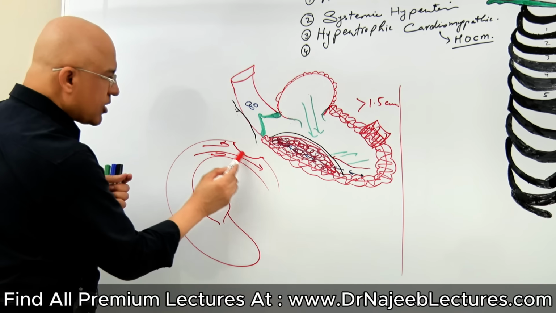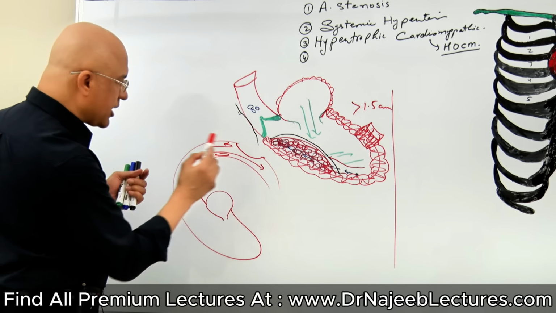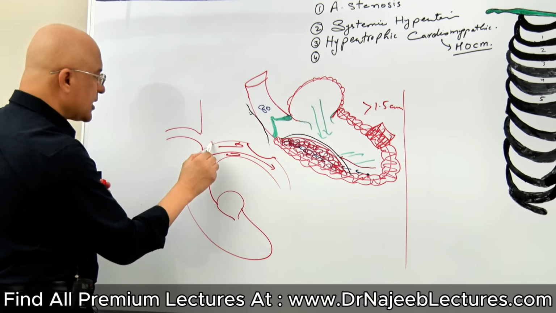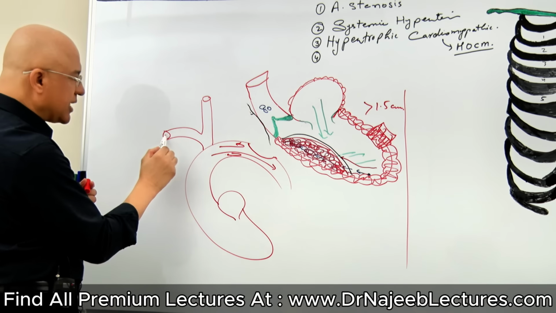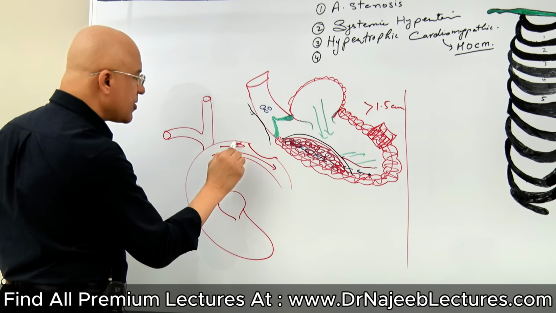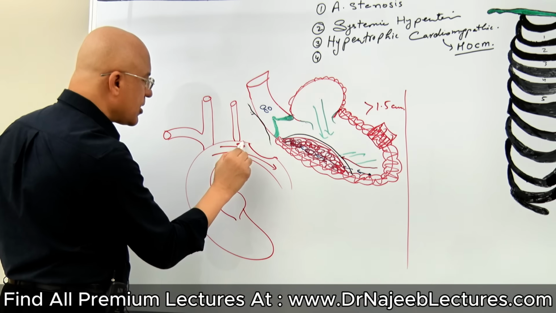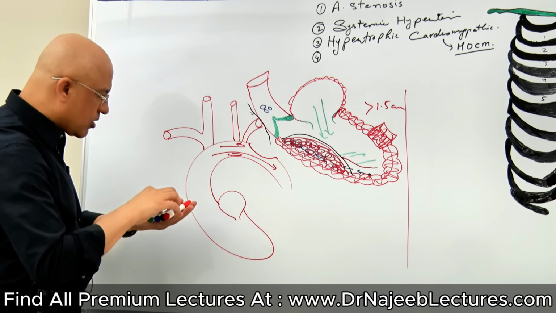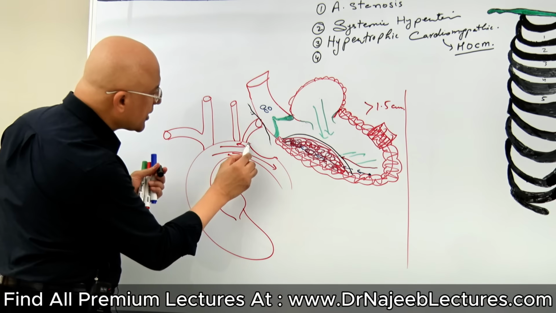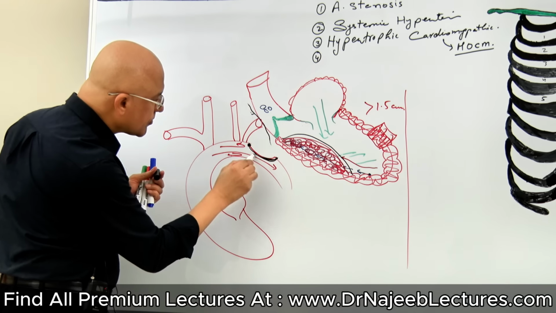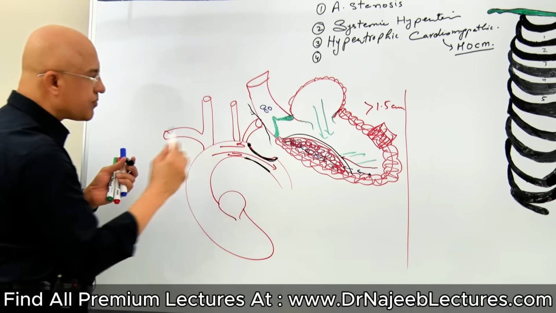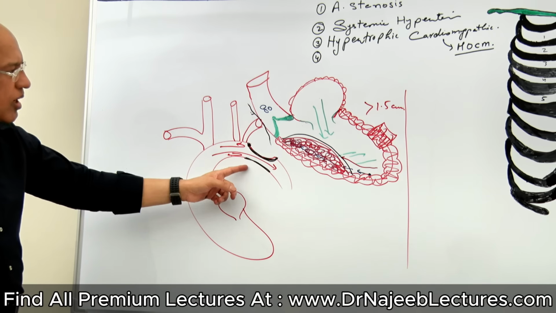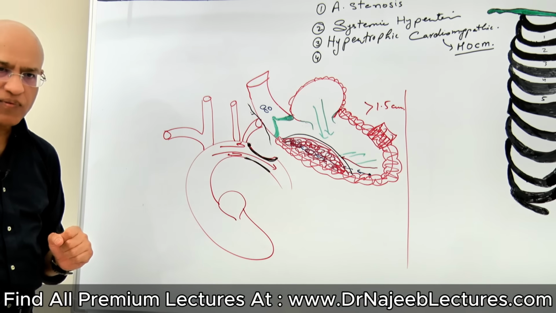And usually this coarctation, or narrowing of the aorta, is distal to these arteries: this is the right subclavian, and here is the left subclavian. This narrowing is usually distal to both subclavian arteries, right?